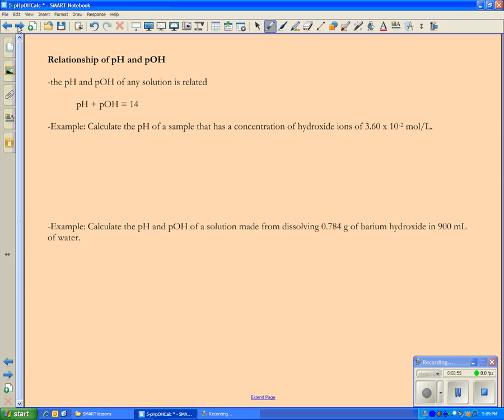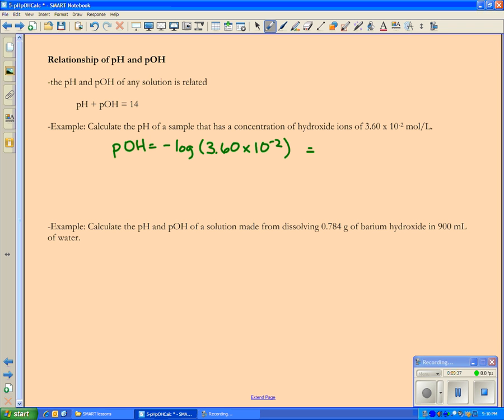In the first example, we want to calculate the pH of a sample that has a concentration of hydroxide ions of 3.60 times 10 to the minus 2 moles per liter. If we have hydroxide ion concentration, we can't calculate pH, but we can calculate pOH, and from there we could calculate pH. So for pOH, we want to say negative log of the concentration, so 3.60 times 10 to the minus 2 moles per liter.